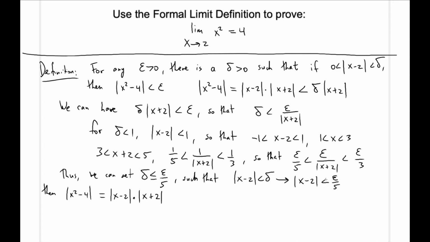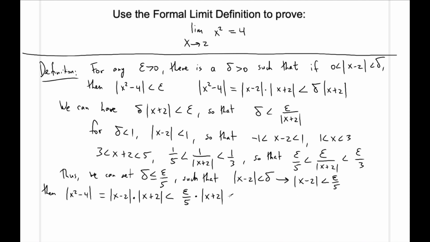So if you multiply both sides by the absolute value of x plus 2, you will get less than epsilon over 5 times the absolute value of x plus 2.